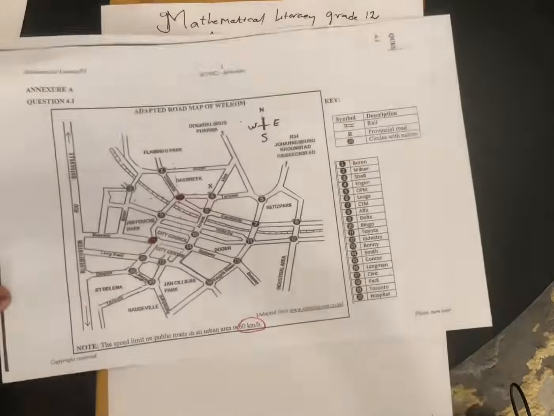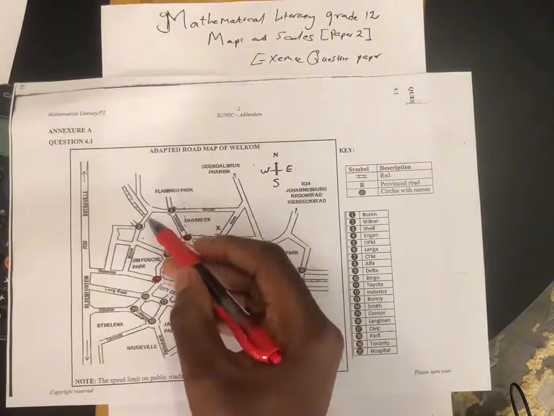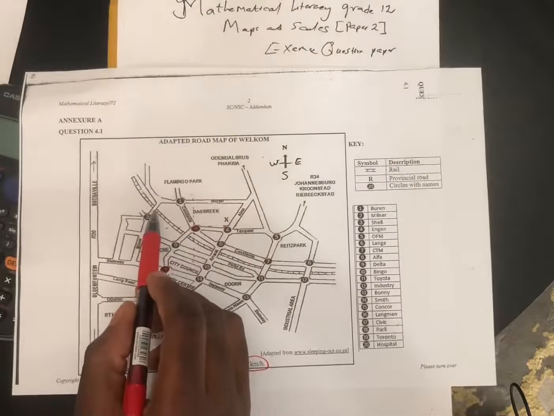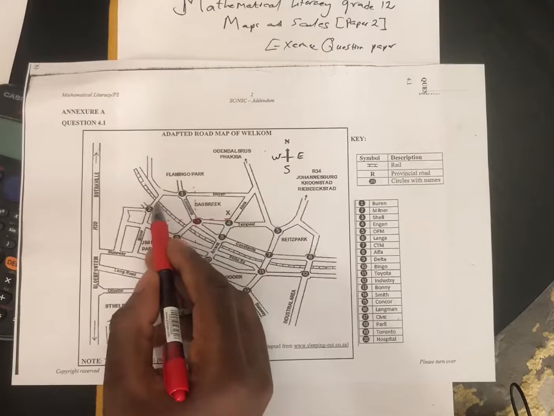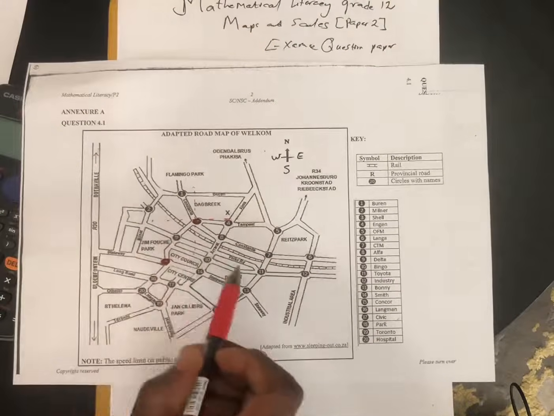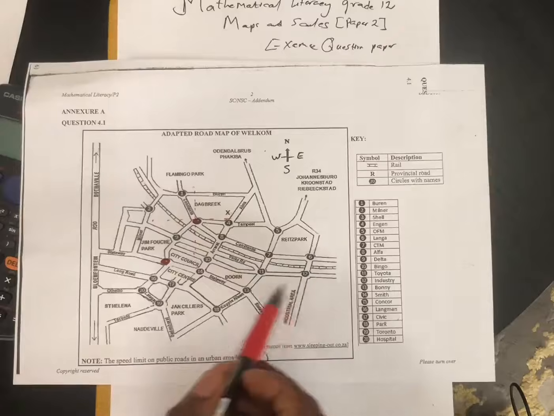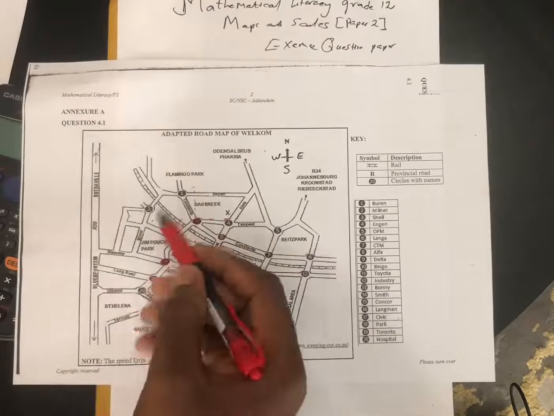Okay, so what we need to do is go back to the map and locate the railway and these roads that we're talking about. Then if you check here, every time the railway and the road intersect, only the road is visible and the railway is not visible.